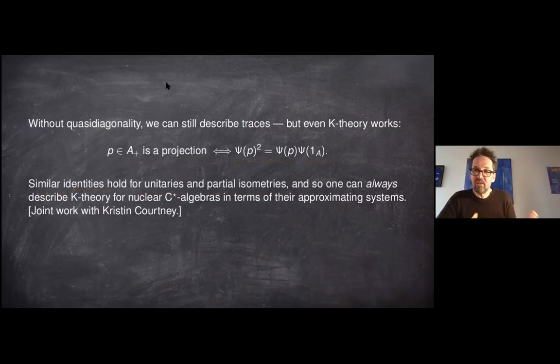Okay, and now this drawback that quasi-diagonality doesn't pass to quotients doesn't matter so much anymore, because now we can use this for arbitrary nuclear C-star algebras.